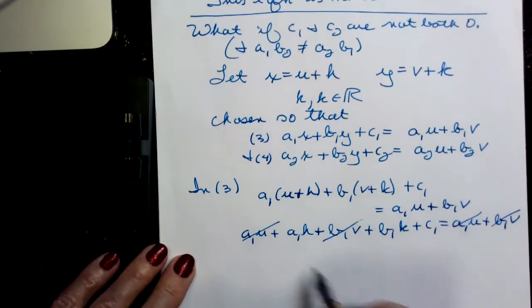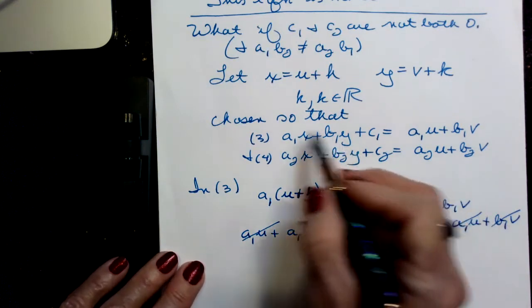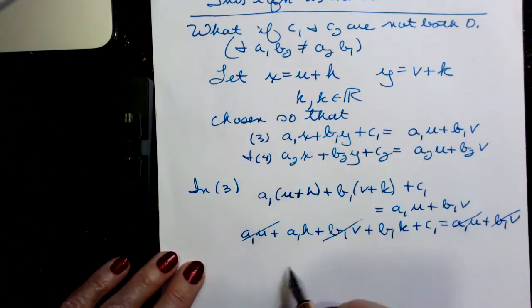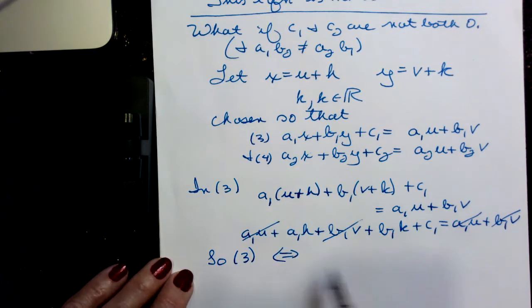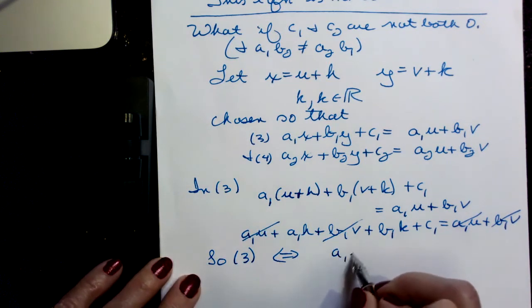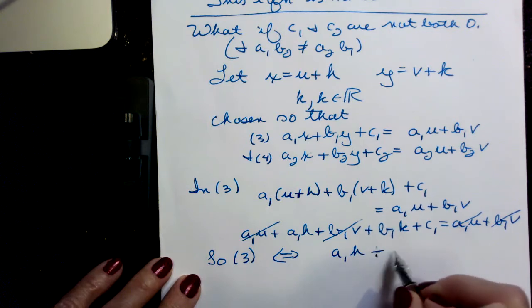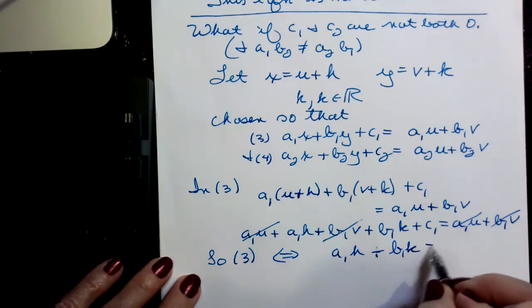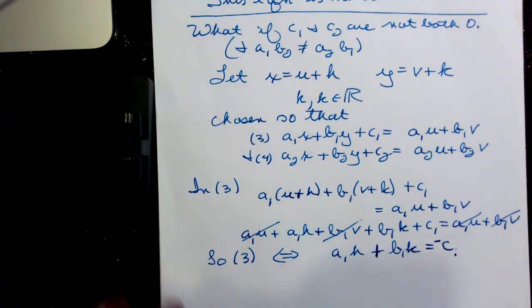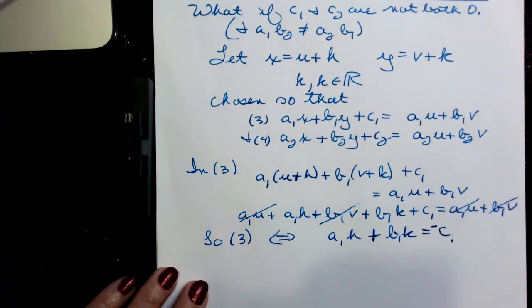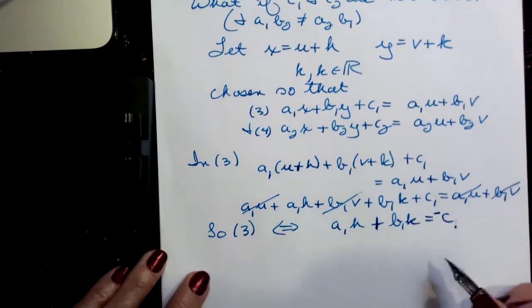So that tells me that for 3 to be true, it's sufficient to say that a1h plus b1k is equal to minus c1. Now what about 4?